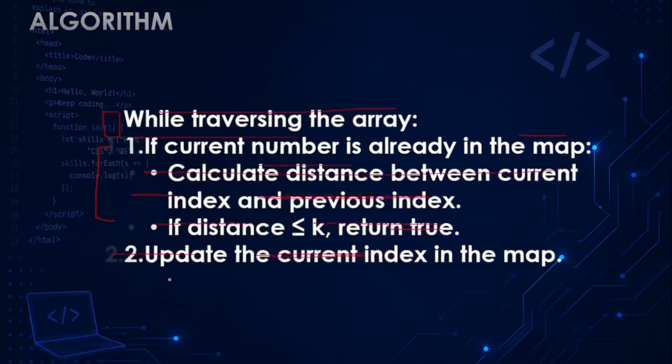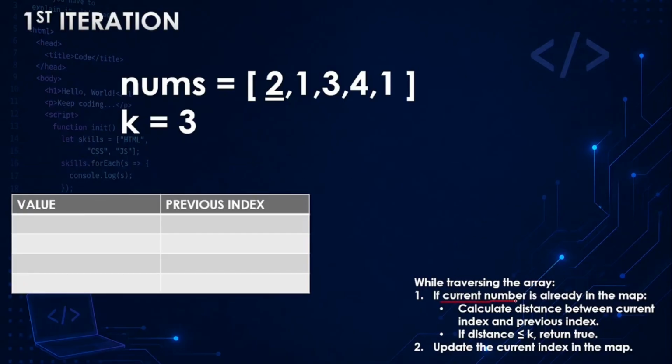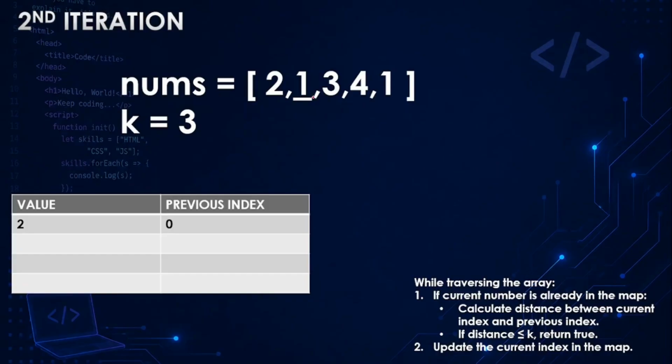Let's start with the first iteration. First of all, I'll have 2 as my current element. I'll check if the current element is inside my map. No, it is not. So this condition becomes false. Secondly, we'll update the current index in the map. So my current value is 2, and the latest index that we have encountered is 0. Now moving on to our next iteration, where 1 would be my current element.